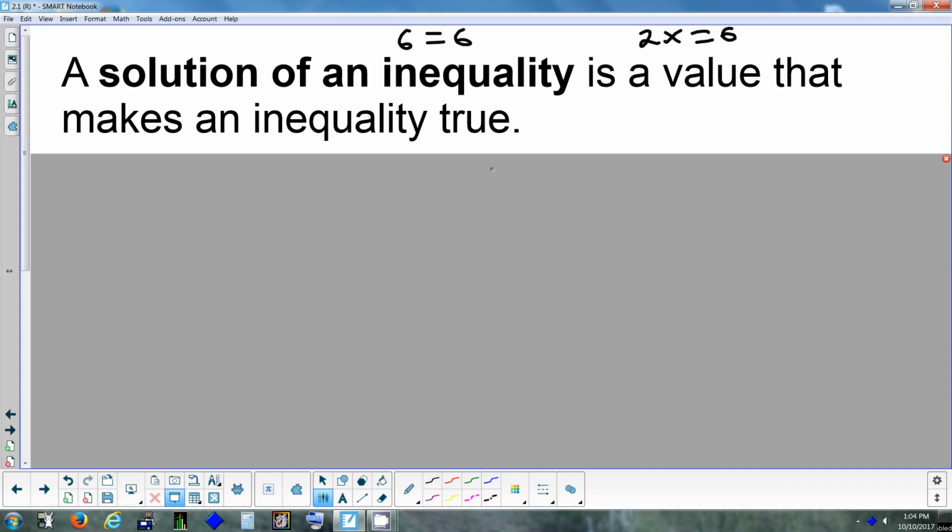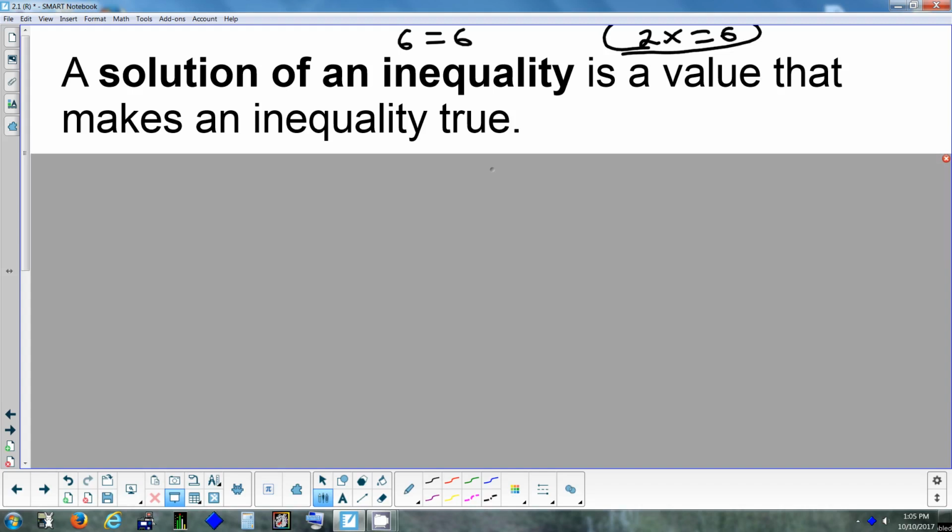The big difference is, when you solve an equation like this, how many answers do you get? Just one. When we solve an inequality, what we're going to get for an answer is any number or that number and higher, or that number and lower.